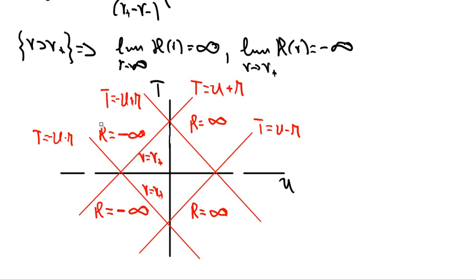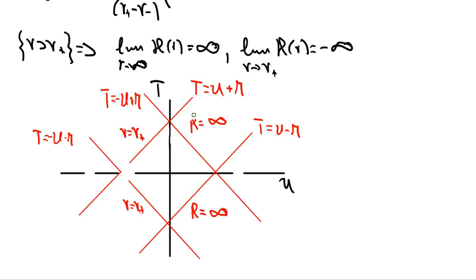So I can now delete this and put it here. And the same happens with this. Just put this here. And then big R going to infinity corresponds to small r going to infinity.